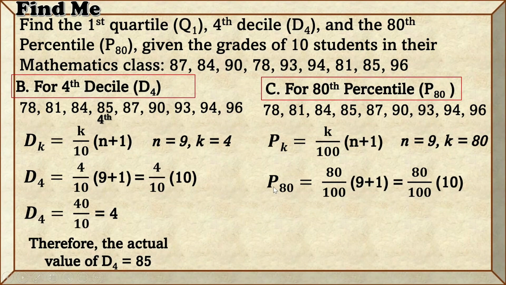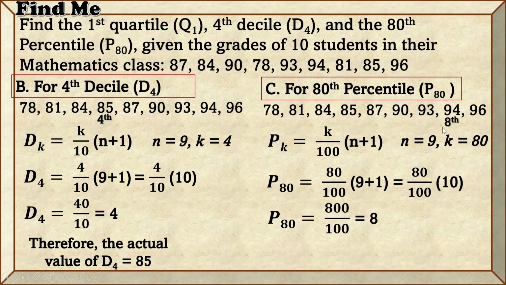We have P sub 80 is equal to 80 over 100 times the quantity of n plus 1. So, we have 80 over 100 times 10. So, P sub 80 is equal to 800 over 100 is equal to 8. So, the 80th percentile is the 8th score of the set of data.